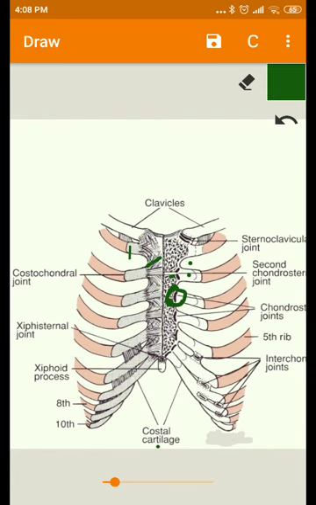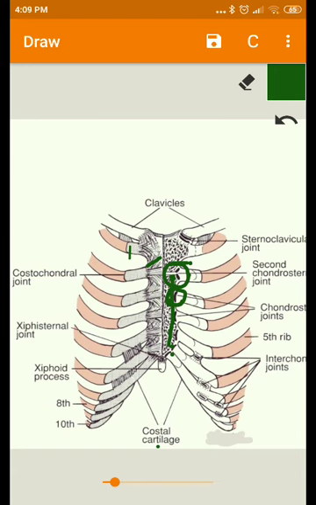You can see each joint is covered by this capsule. From second to seventh, all are synovial joints. That means each and every joint will have a capsule. From third to seventh there is a single joint cavity, and only the second has two joint cavities.